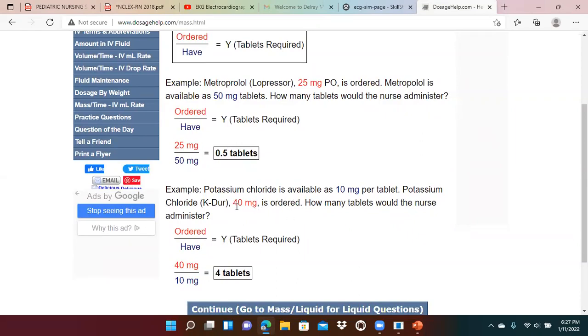So the doctor prescribed 40 milligram, and the medication the pharmacy provides, or medication in hand, is 10 milligram per tablet. How many tablets? Number of tablets equals doctor's order divided by medication available, meaning 10 milligram. 40 divided by 10, 4 tablets.